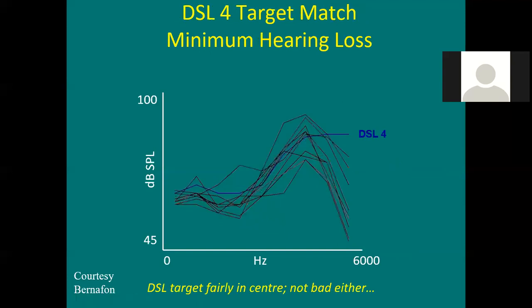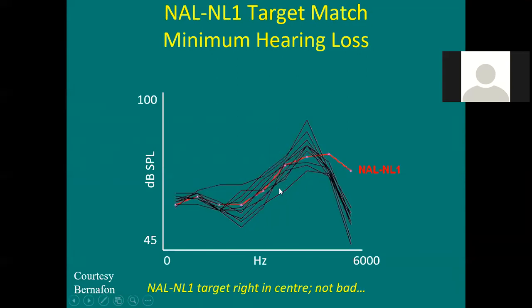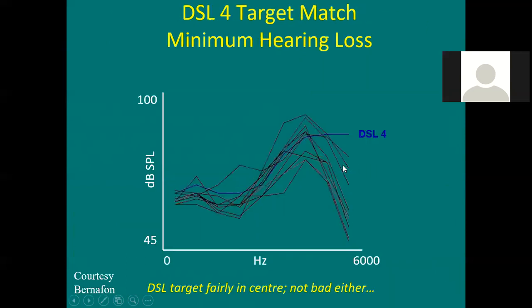DSL-4 target match. Now DSL asks for a lot more than NAL. See this? Look at DSL-4 targets for the mild loss. Way up there. So the manufacturers' versions of DSL-4, and look at how they're varying all over the place, but all of them less in the highs.